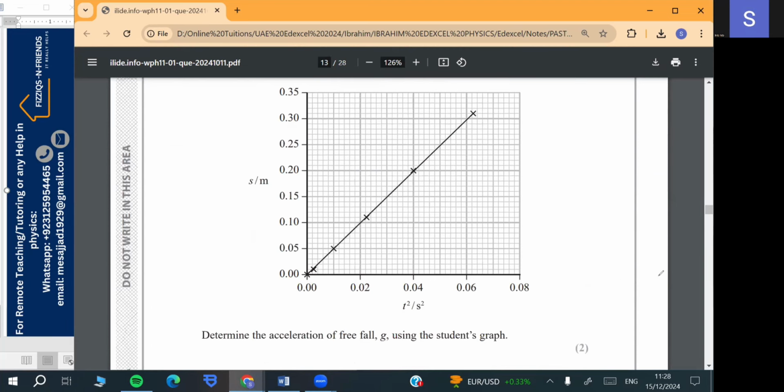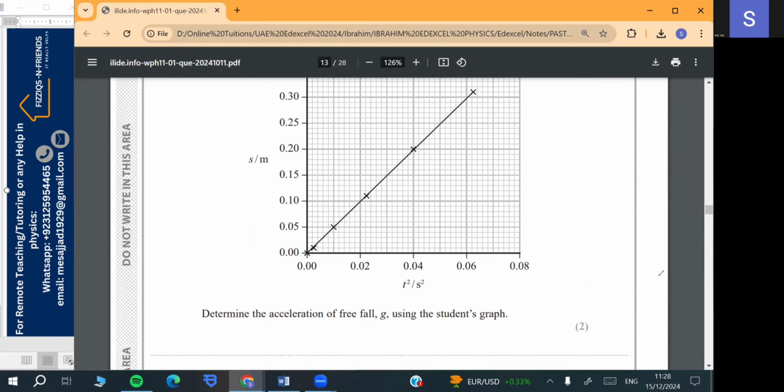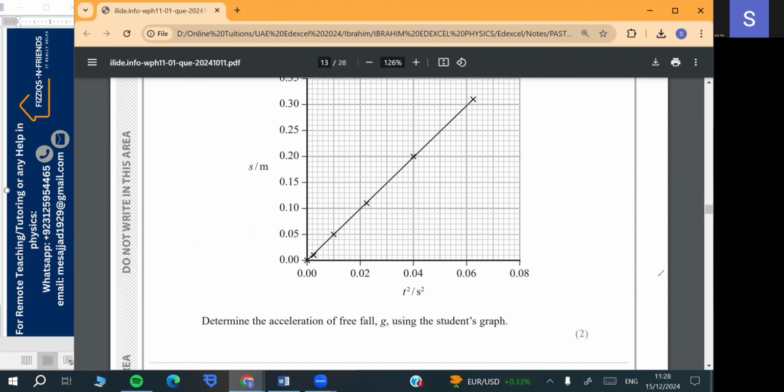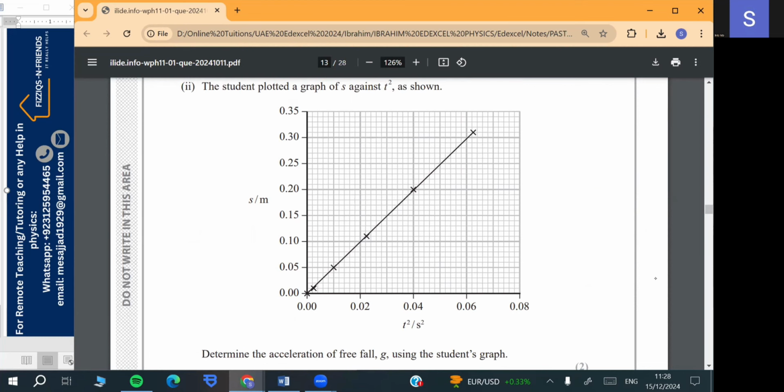Now the second part is: determine the acceleration of free fall g using the student's graph. We need to find g using this graph. So let's take this point. For this point, what do we have? This is 0.20 and this is 0.00, this is 0.04 and this is 0.00.